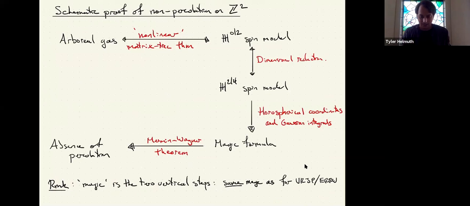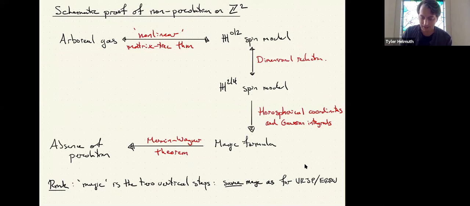It has, I guess, 4 steps in the way that I've drawn it here. The first step is to take the arboreal gas, which is just this combinatorial quantity, and rewrite it using some version of the matrix tree theorem as something called the H02 spin model. I'll show you how to do this in just a second.